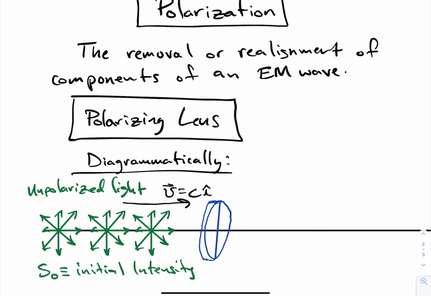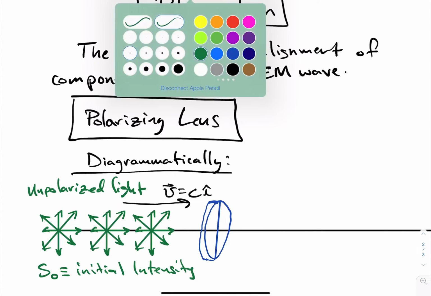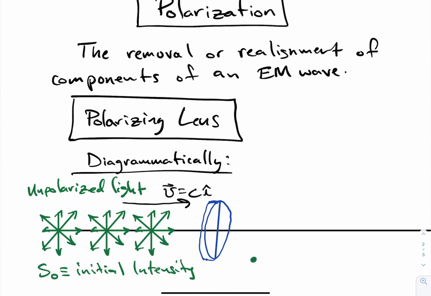A lot of times I like to think of polarizing lenses kind of like picket fences. So the slats, the openings in the picket fence will allow the oscillations of the light through, and the slats that aren't holes will block any oscillations in any other direction. So the point is we will get out of this just linearly polarized light in the same direction as the transmission axis.